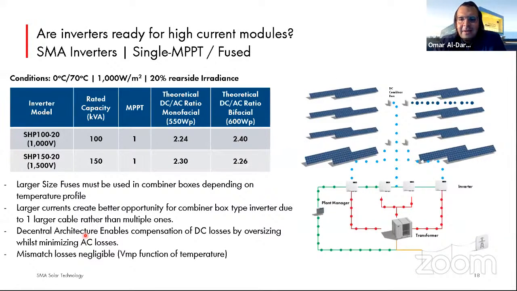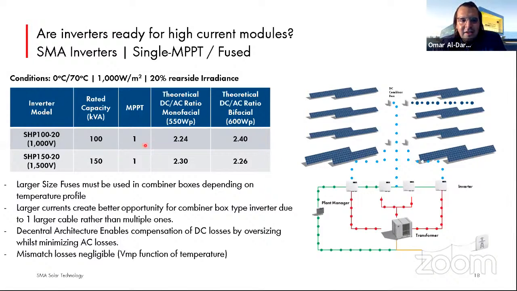Finally, how do SMA inverters come into the picture? In terms of utility scale applications, we tend to go for single MPPT inverters. We believe that is the best solution there. As it pertains to string and central inverters, I'm just going to discuss string, because the central option is quite arbitrary when it comes to currents, since you're connecting maybe hundreds of strings to that bus bar.